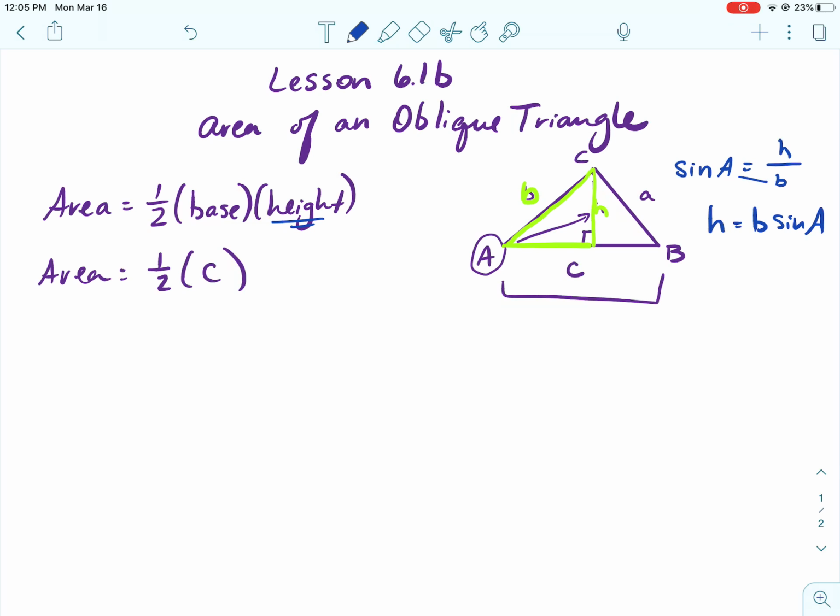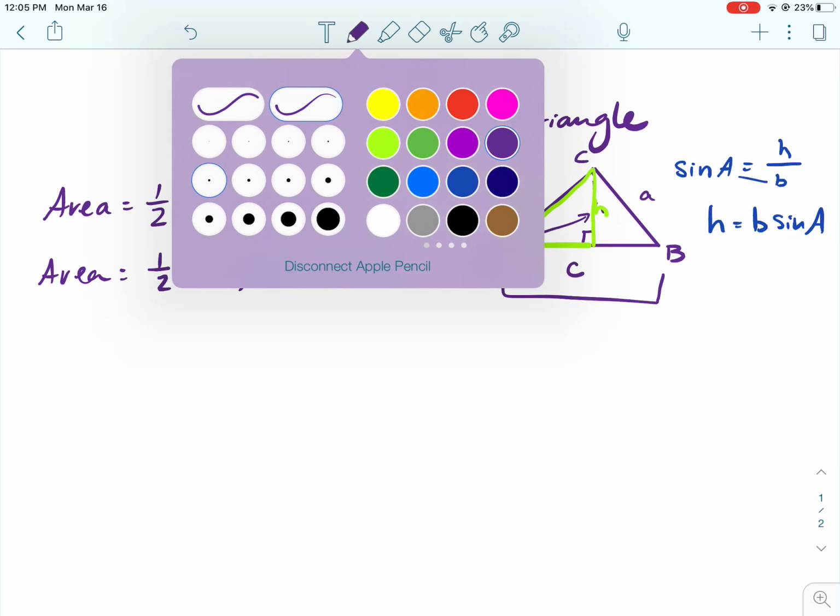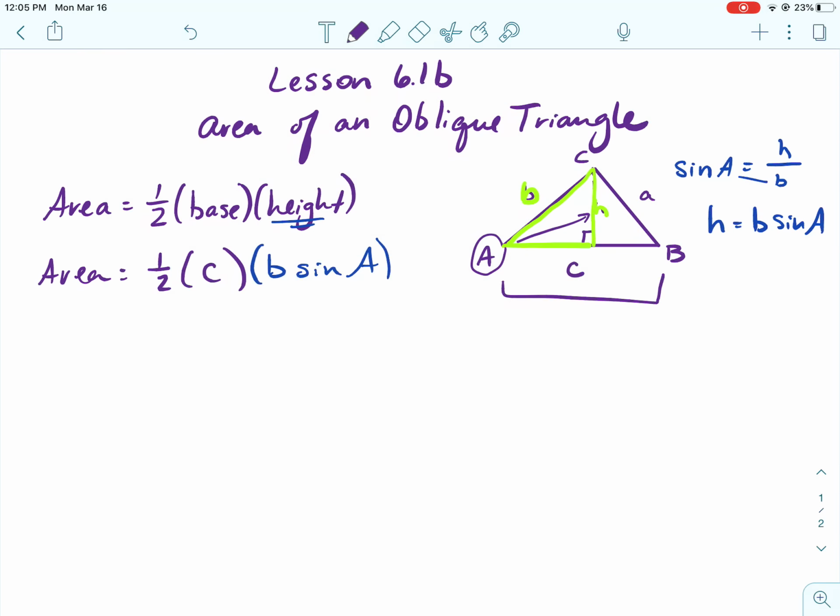So to find the height, we would just multiply by B. All right, so we can represent the height of that triangle as B sine of A. And that actually just gave us our new area formula. It's going to be 1/2 B times C times sine of A.